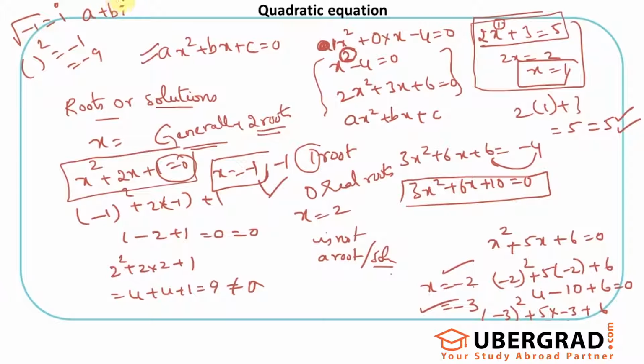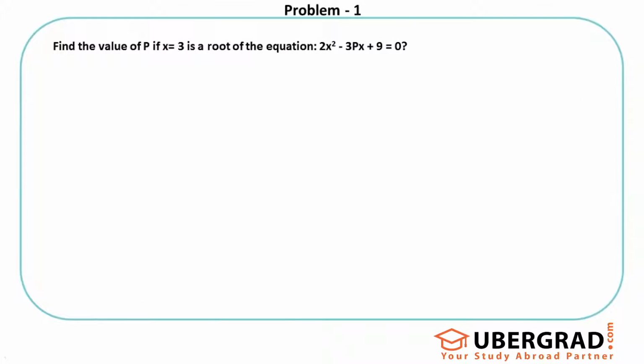When we go into this sort of stuff, it is called complex numbers and complex math, and they would not count complex roots in this case. We do not count them as roots, so it is 0 real roots, 1 real root or 2 real roots. We generally do not see complex numbers in normal exams. We get to see them in advanced math, but we don't touch them in the exam, so don't worry about that. So let's get on with some problems.